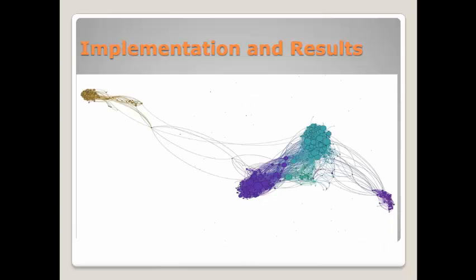Now the implementation. The figure on the screen shows a network of a profile from the Facebook dataset. The bigger circles denote that they have a higher degree than others.